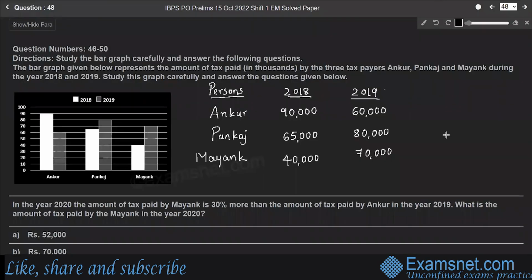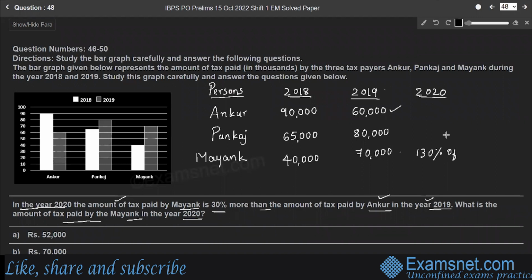Question 48. In the year 2020, the amount of tax paid by Mayank is 30% more than the amount of tax paid by Ankur in the year 2019. What is the amount of tax paid by Mayank in the year 2020? So we'll consider one more year, 2020. In this year, tax paid by Mayank is 30% more than, that means 130% of the amount of tax paid by Ankur in the year 2019.